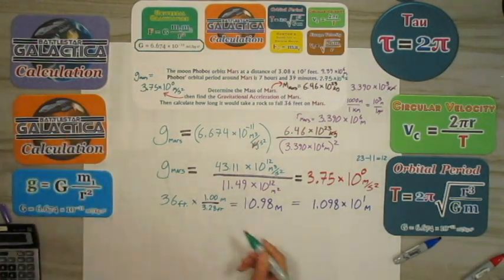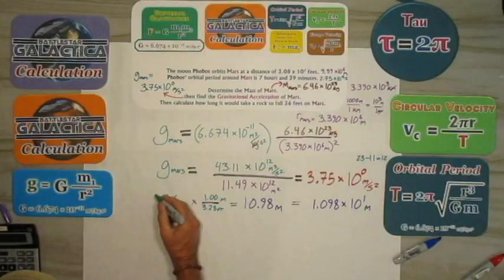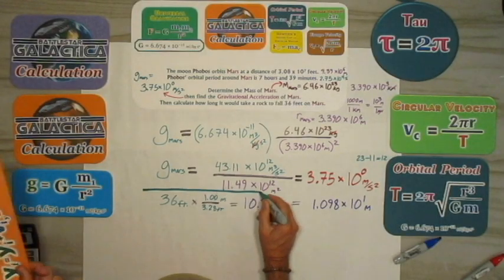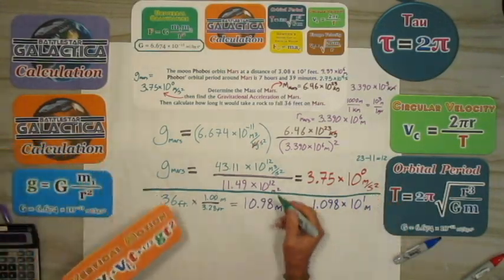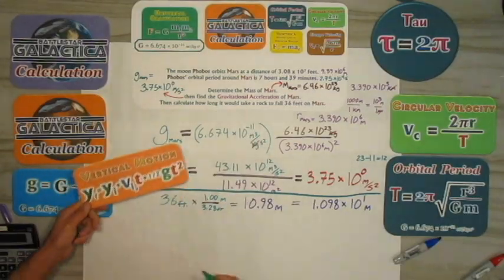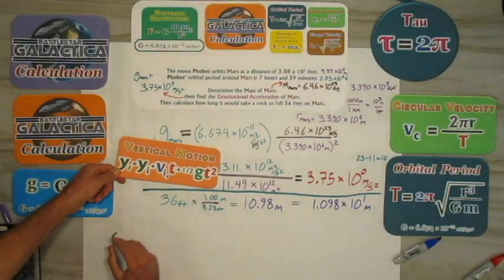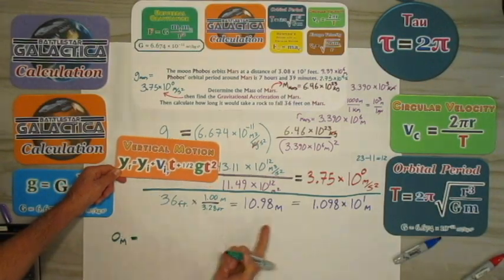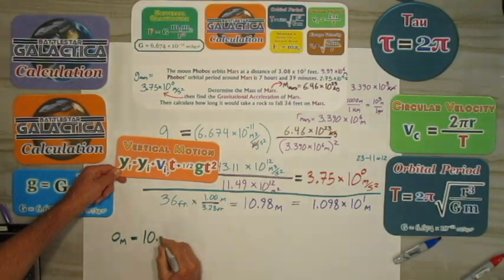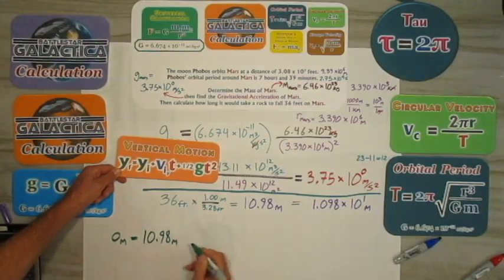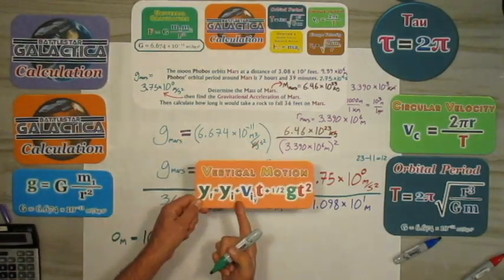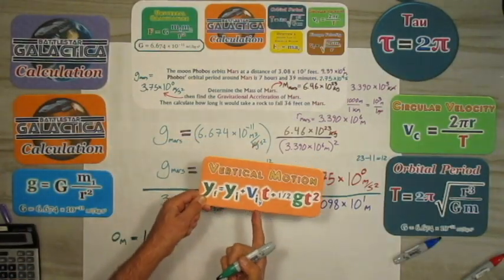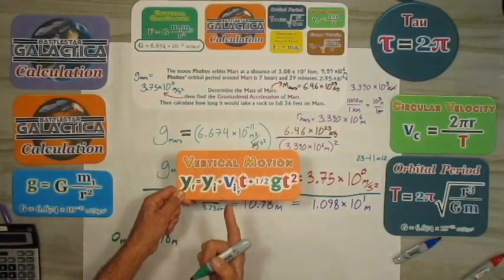Now, by the way, I guess I should separate these calculations with a line here, maybe. That would be good. Okay, so now we're doing this last one. Okay, so y final will be the ground, 0 meters, equals y initial, 10.98 meters. I'll just keep it not in scientific notation. Plus its initial velocity. Well, it's falling, so 0.